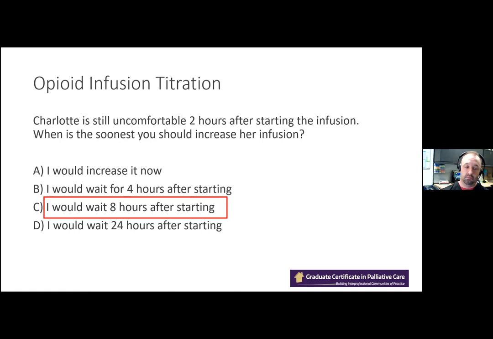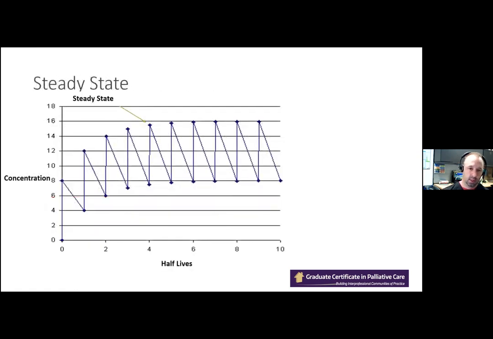So you should wait 8 hours at least, and you may see some even more conservative approaches. But why so long? Why do we wait 8 hours when she's having distress? And the answer is that she's not at steady state with the medication yet.